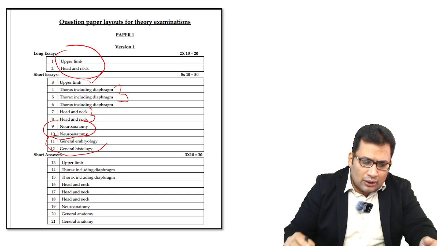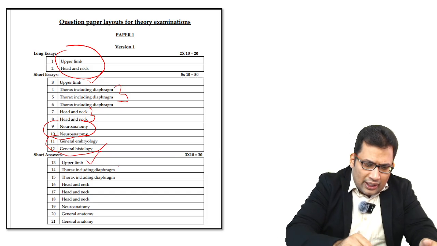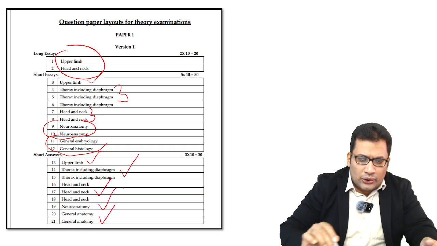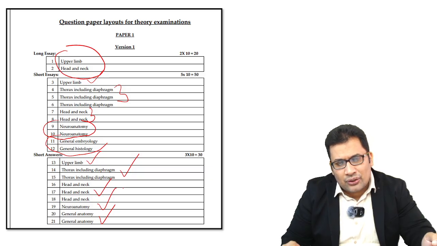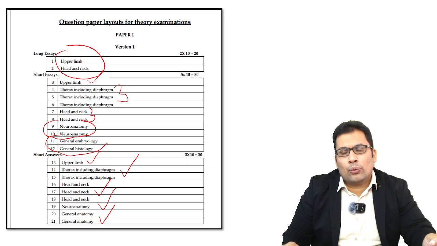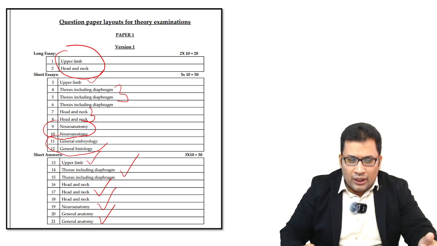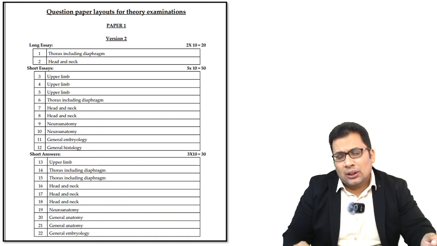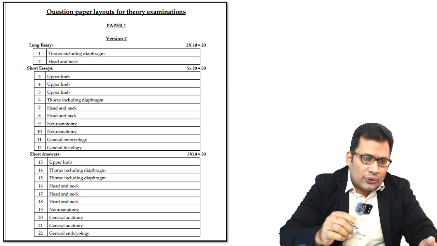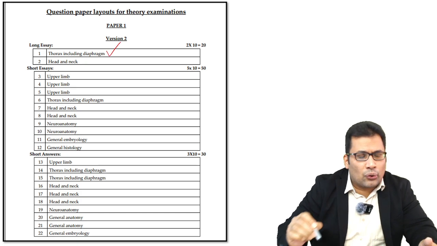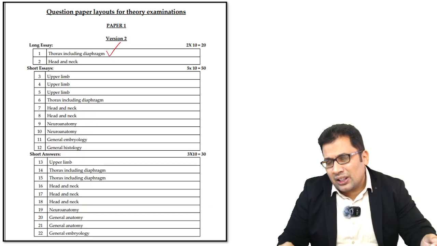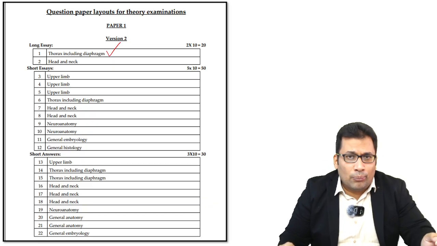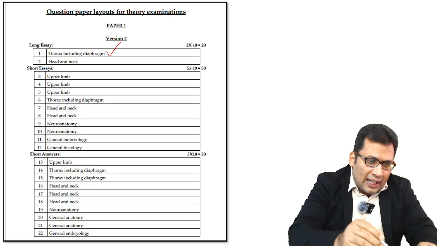Short answers: upper limb 1 question, thorax 2 questions, head and neck 3 questions, neuroanatomy 1, and general anatomy 2 questions. So, this is version 1 of paper 1. Version 2 of paper 1: either 1 question from thorax, usually mediastinum or heart, blood supply and all, and head and neck area.